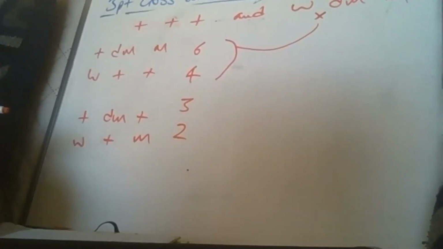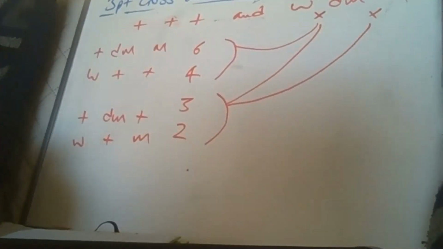Okay, so essentially, single recombinants are these. Double recombinants are these.